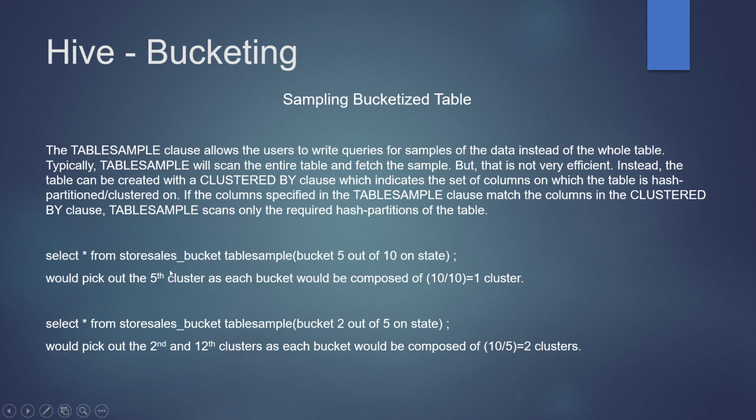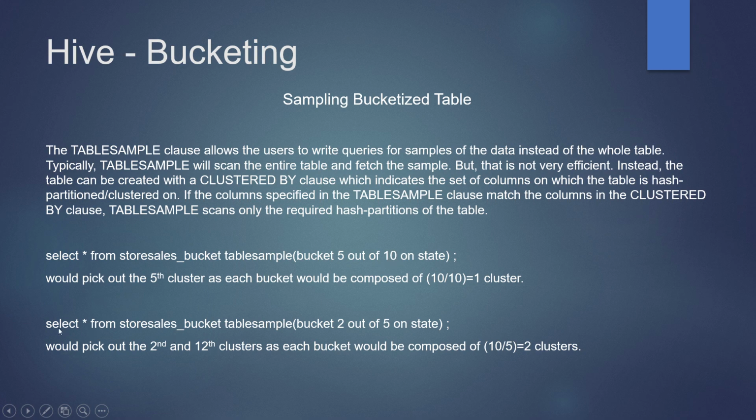So it would pick the fifth cluster, as each bucket would be composed of only one cluster, because we have mentioned bucket 5 out of 10. So the first one will be the number of buckets, and it is the value which we have mentioned in the table sample.